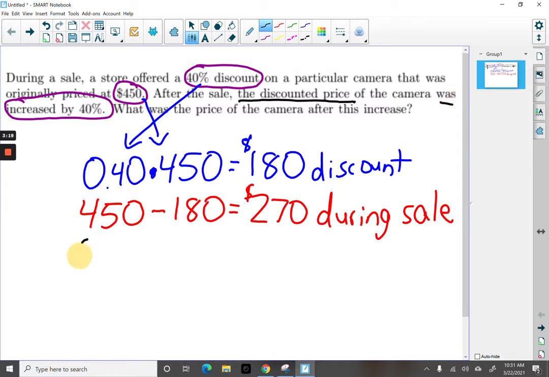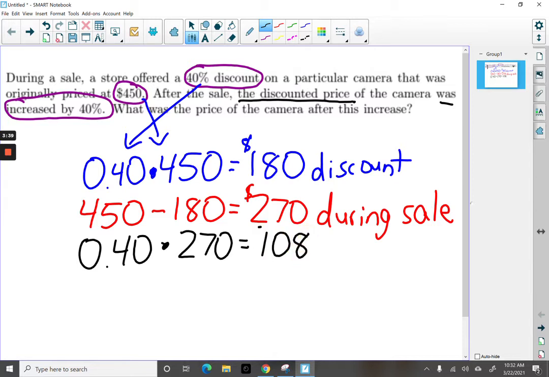Now when I solve this, I am multiplying 0.40 times the new price of 270 that I have here, which is going to tell me a different amount again. A quick type in my calculator tells me that these two multiplied together is 108, which once again is not the actual price of the camera, since this is supposed to be going up.